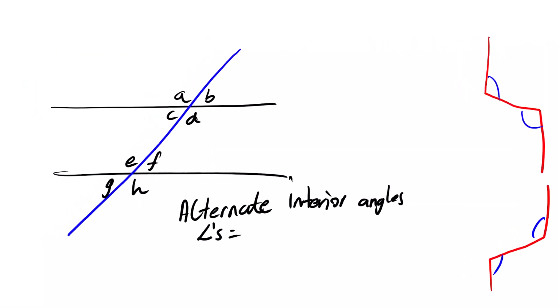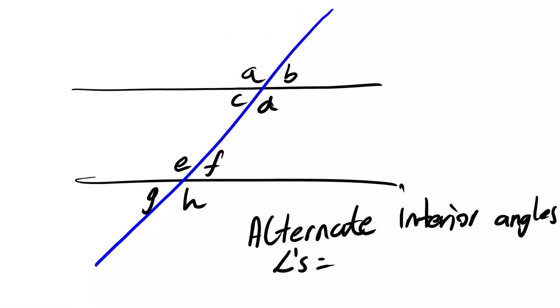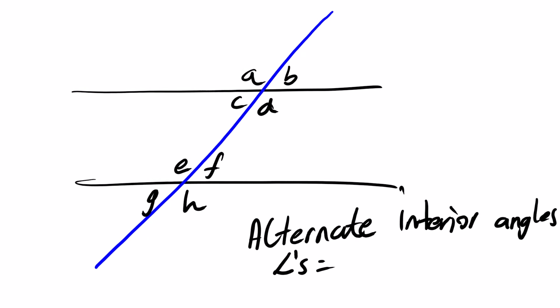So going back to our diagram, we need to take out alternate angles. You can see we have Z, so this angle and this one are equal.